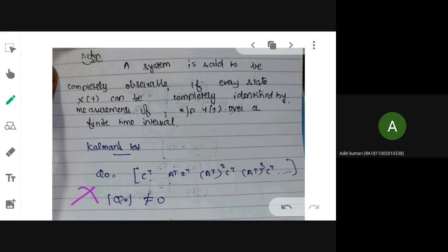Yes, ma'am. Okay. So you understood how to prove system observability. Suppose you have a system and you are measuring the output. While measuring the output, if the state variables that you are choosing at any time are measurable or observable, then the system is said to be observable. For proving that, there is again a formula using Kalman's test.